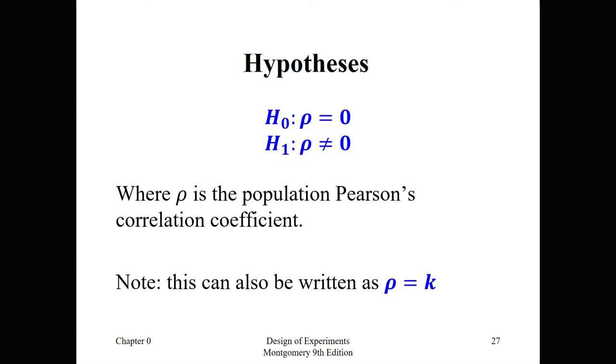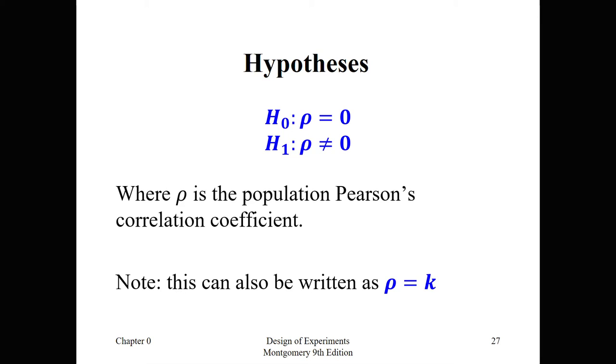Just like we talked about previously, this can also be written not just with rho equal to 0, but with rho equal to k. So we could ask, is the correlation 0 versus is the correlation not 0? That's asking if there is any linear relationship at all, but usually that's not what we care about. If I told you there's a linear relationship of 0.000000001, maybe you don't particularly care.